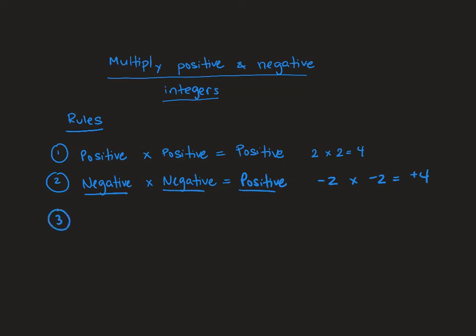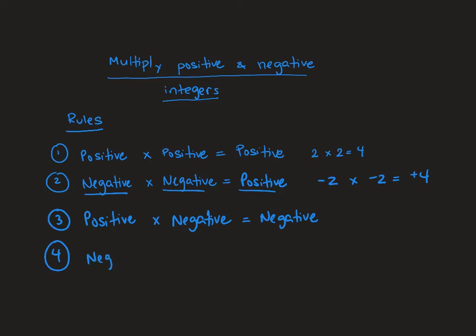Now here's where the answer is going to be negative. Ready? It's when a positive integer times a negative integer is multiplied that it equals a negative answer, and also the reverse.